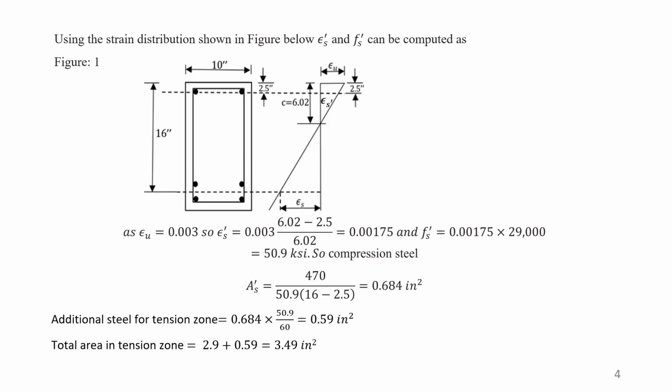As a singly reinforced beam, the area of steel at the bottom is 2.9, and now for this extra moment the steel area is 0.59 for the bottom zone, and the total is 3.49 inches square.